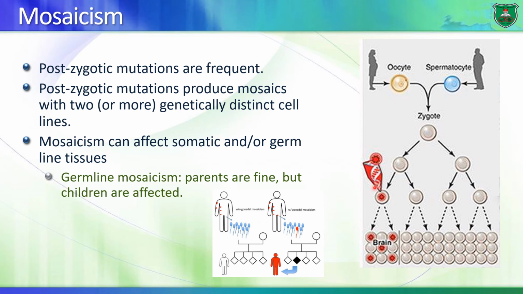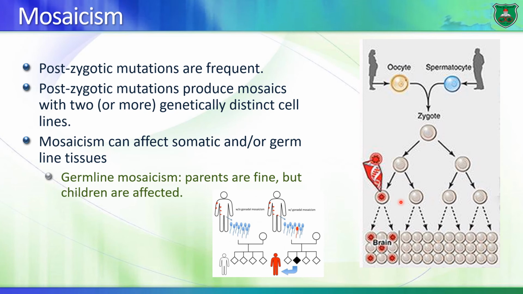Mosaicism, by the way, can be somatic or it can be germline. So you can have the cell that is affected be a somatic cell. So you would have this individual having an affected organ, for example, or organs. It depends on, again, what tissues or cells the affected cell differentiates into. Or it can be in the germline. That is, the mutation occurs in germline cells, but not in somatic cells of that individual.